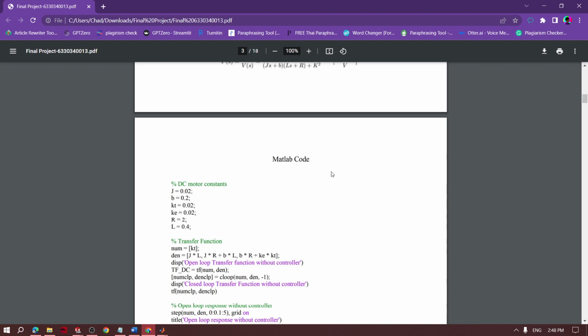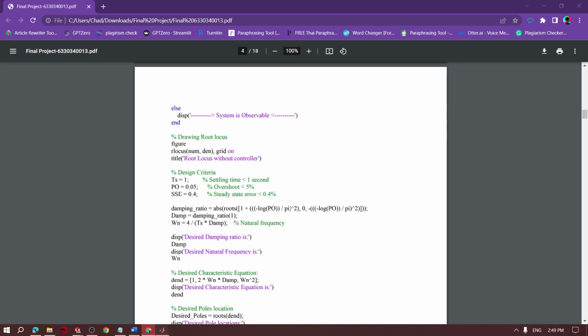So this is the sample of the code of my Matlab. I will show you my Matlab.